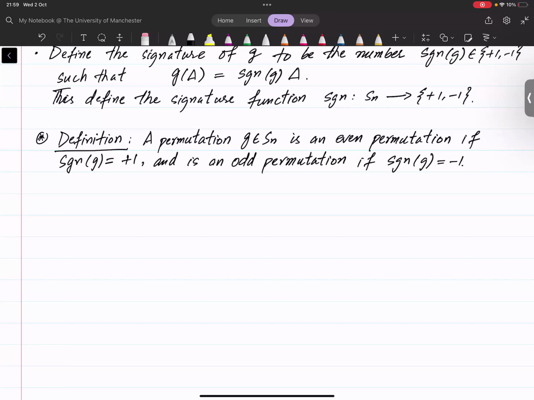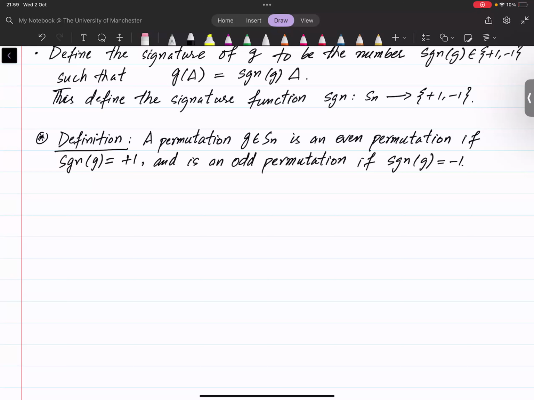So it is not immediately obvious how to calculate quickly the signature of an arbitrary permutation. Clearly, it would be a bit of a pain if we had to work out what G of delta would be. So fortunately, there is a somewhat more clever method available, based on the following result.